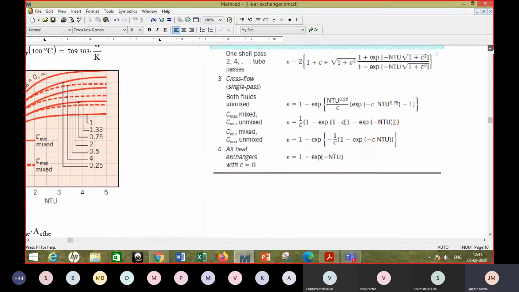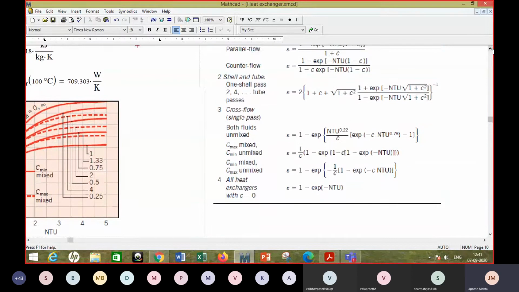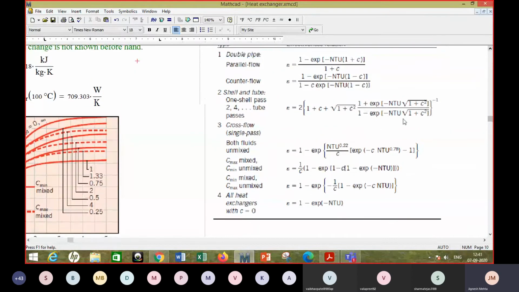So one, get CR, and two, choose the right formula. Which formula will you use? 1, 2, 3, 4. It's easy to tell that it will be 3, because it's a cross flow heat exchanger and it is a single pass.